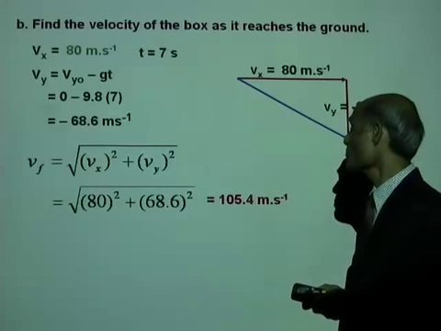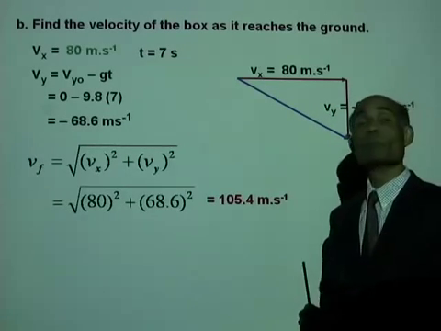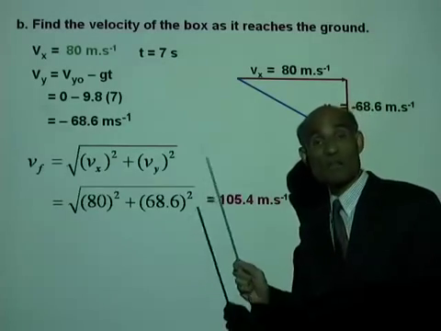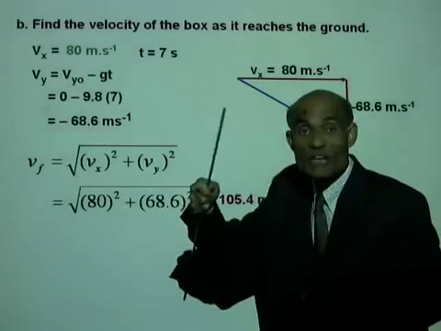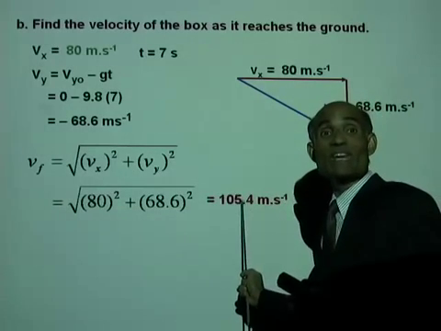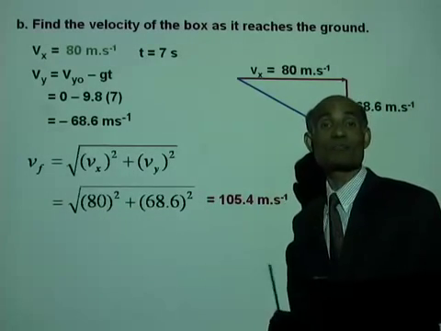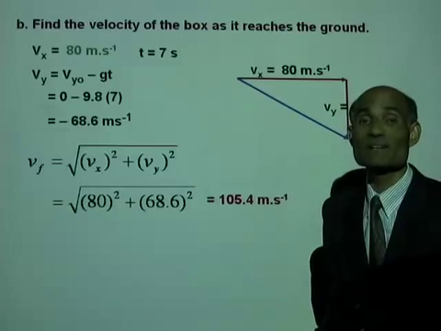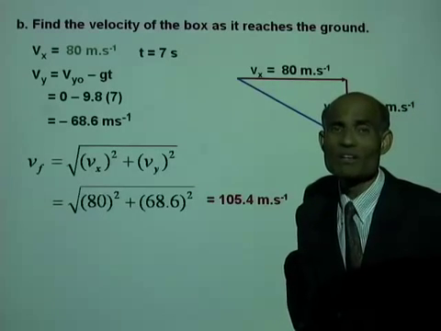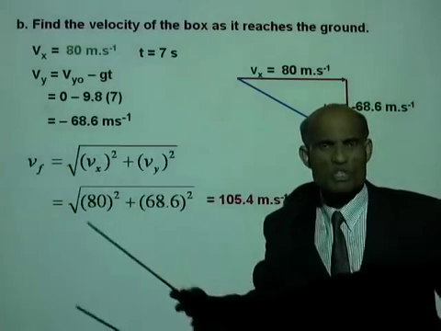That is 105.4 meter per second. In other words, that box will hit the ground with a speed of 105.4 meter per second. And if it is not packed well, it is likely that the box will shatter into pieces.